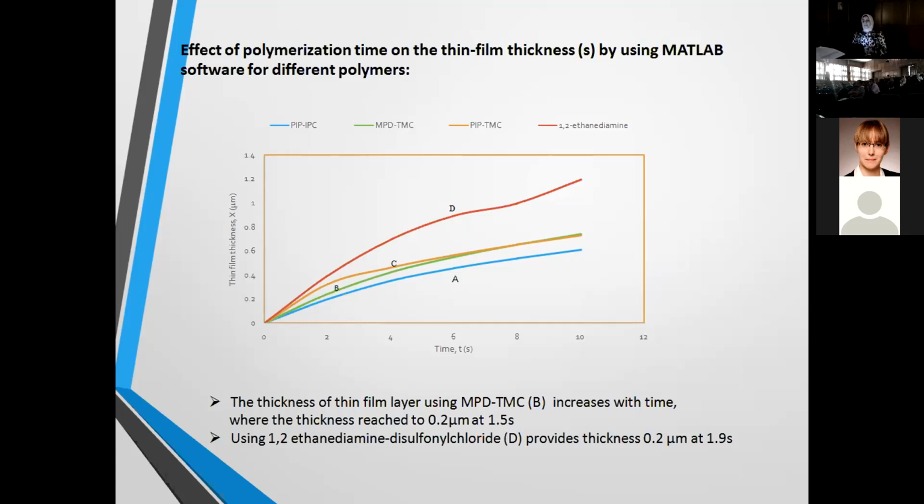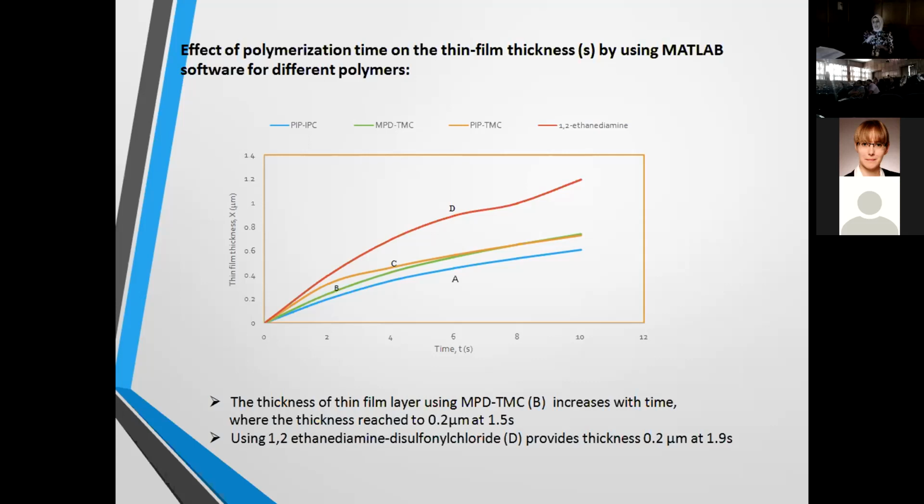We found that the thickness of the thin film of m-phenylenediamine with trimesoyl chloride, which is curve B, increases with time, and the thickness will reach 0.2 after 1.5 seconds. Curve D, which presents 1,2-ethanediamine, will reach 0.2 micrometer after 1.9 seconds.